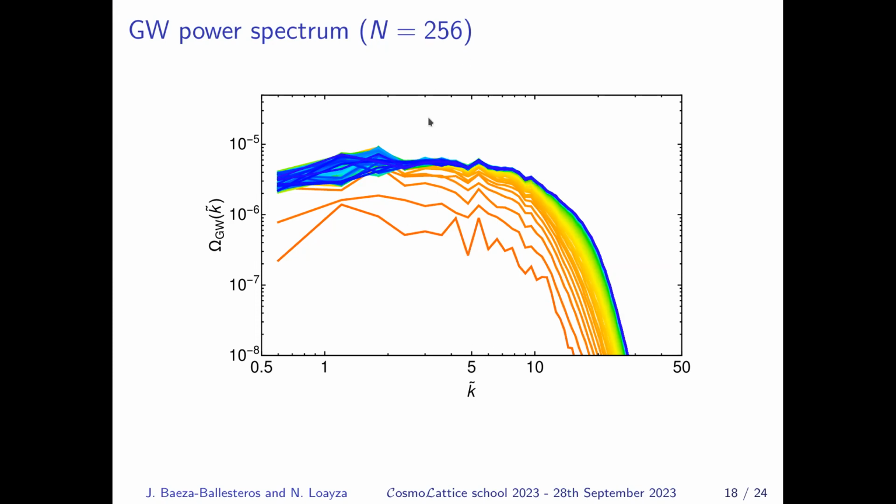And what you can find is that indeed the position of this bump varies as you vary the strength of the coupling to the daughter field.